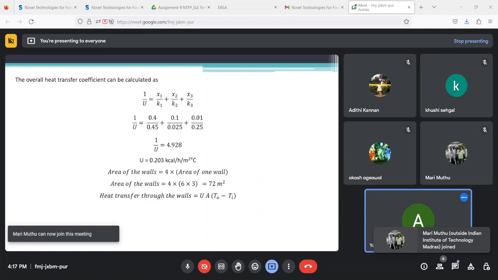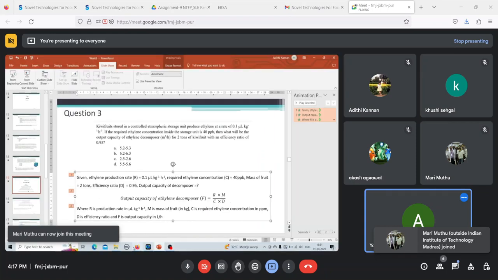The heat transfer through the walls is equal to UA into T outside minus T inside. So any heat transfer, this is actually the Fourier's law of conduction.